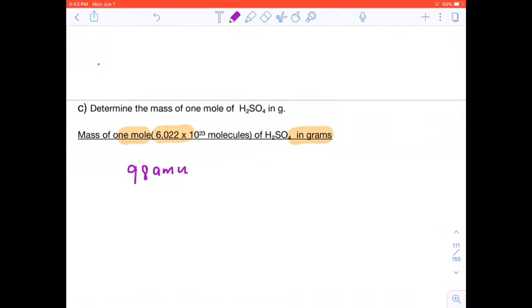But if we want a mass of 1 mole, that means I want a mass of 6.02 times 10 to the 23 molecules of H2SO4.